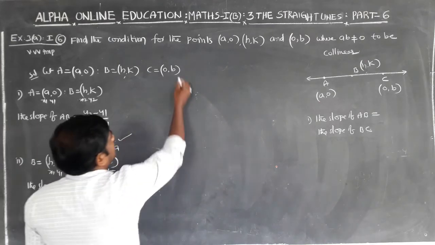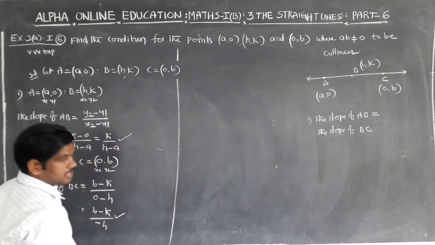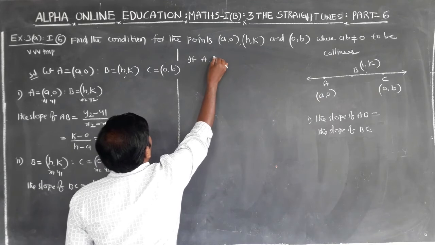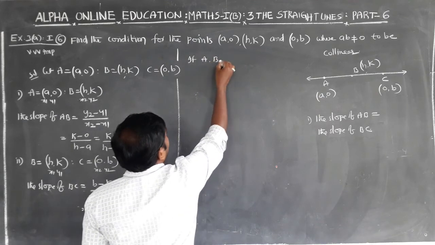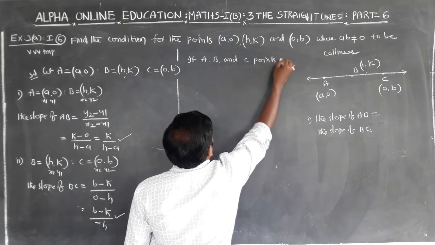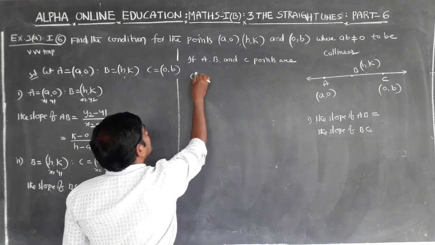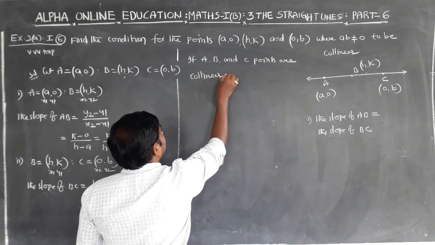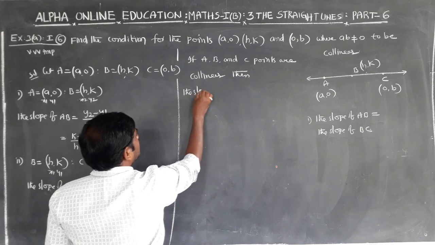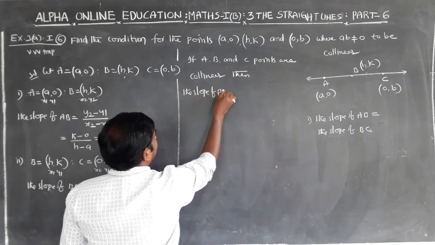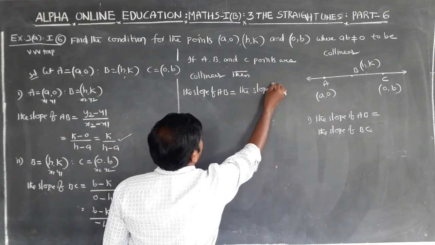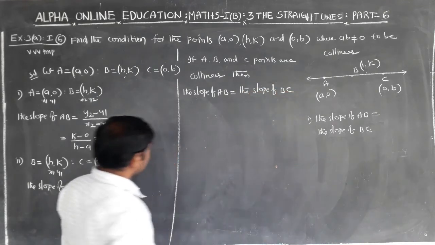If the points A, B and C are collinear, then the slope of AB is equal to the slope of BC.